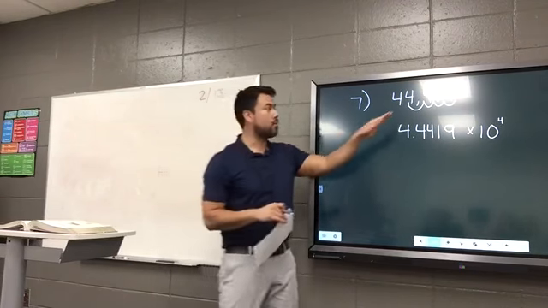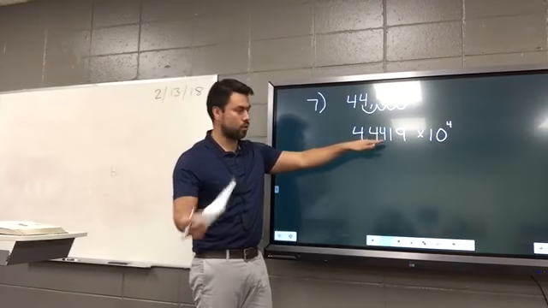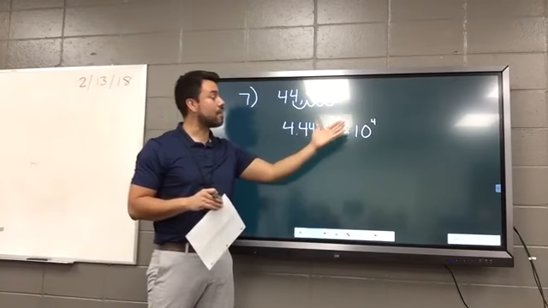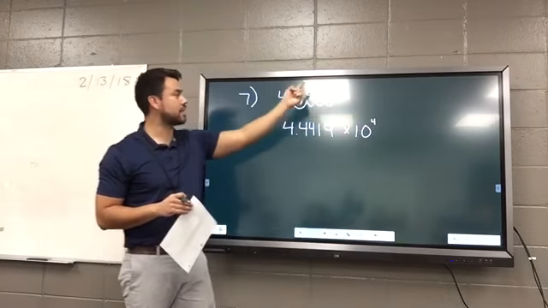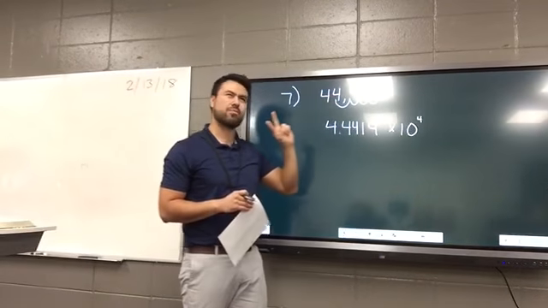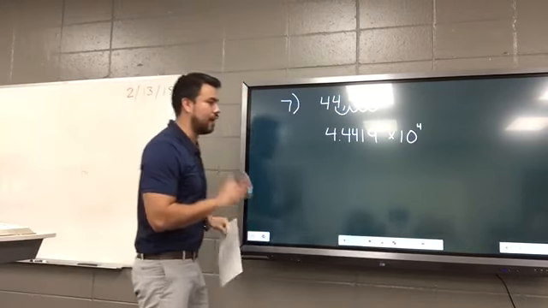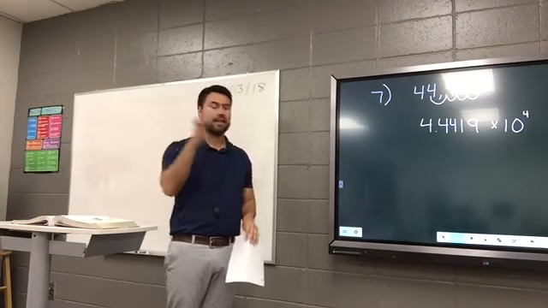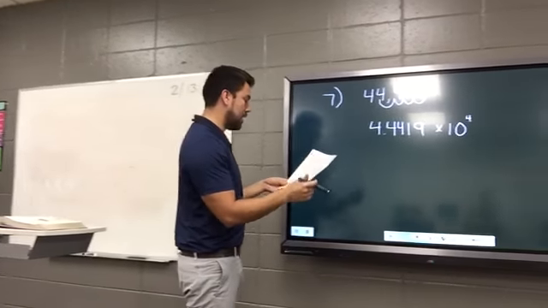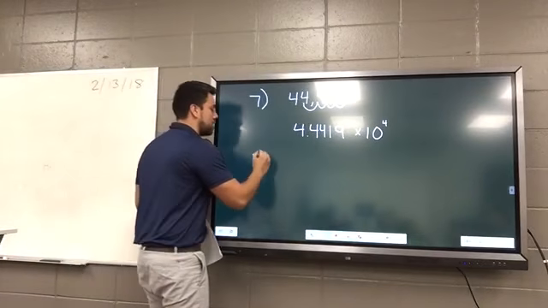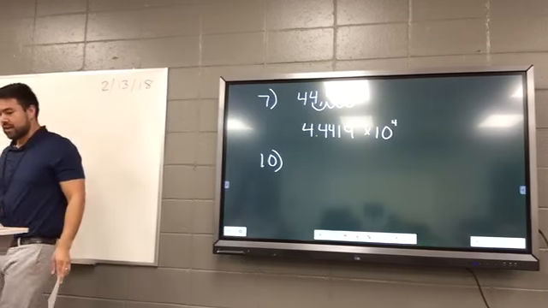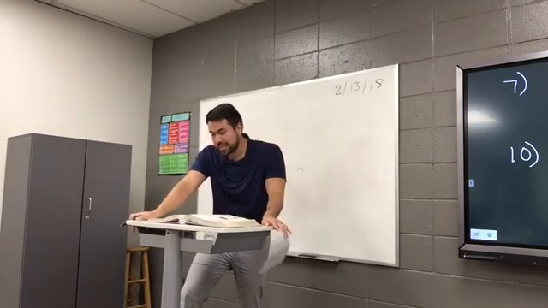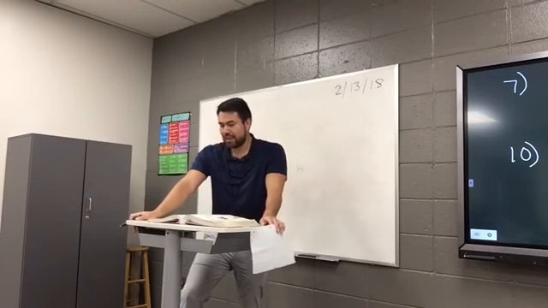When I'm going from here to here, that'll work. When you go to the left, you make that go up once. But if I'm having to write this back into standard form, we have to switch it around, and I don't even want you to deal with that. Just think big numbers, positive exponents, little numbers, negative exponents. That'll help you out. Do number 10. So on number 10, the wavelength of cadmium's green line, and then they give you that number.